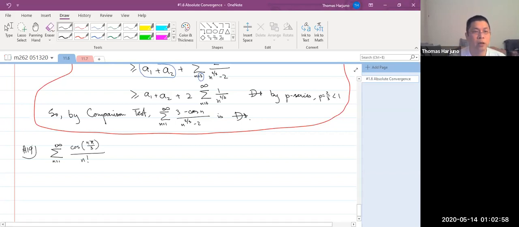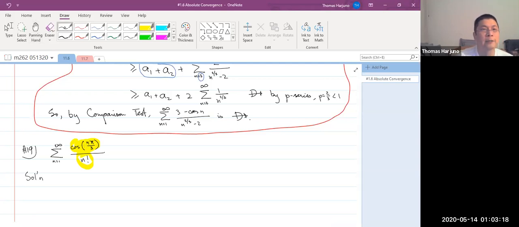Let's do it by ratio, because I know the absolute value of this is less than 1, but this guy here grows really fast to infinity and makes the sequence go to 0 super fast. So I will apply the ratio test.